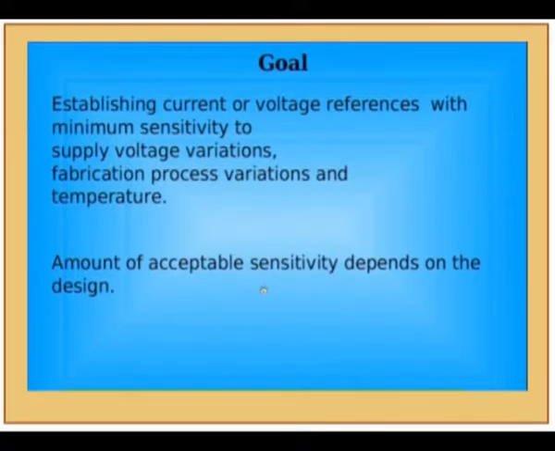So it depends on how we design the circuit and how much accuracy we need. So we want to generate a reference. Sometimes we can generate a reference voltage and then generate a reference current from the reference voltage. So these two are actually dependent.